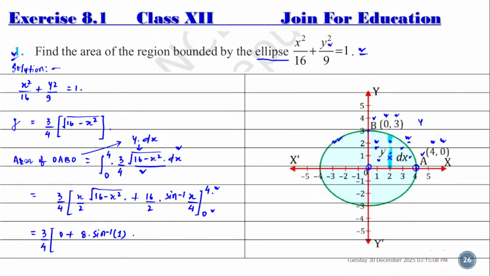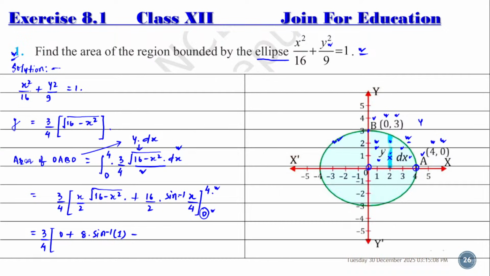When we put minus and take the lower limit, this term will be 0, and the value of sine 0 is also 0.